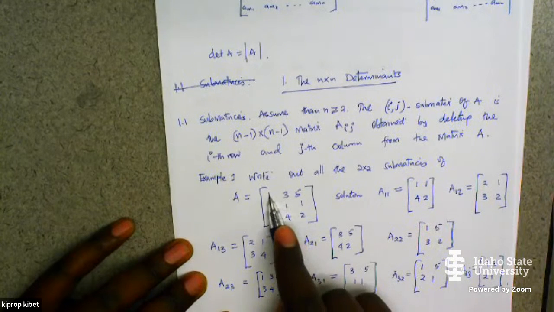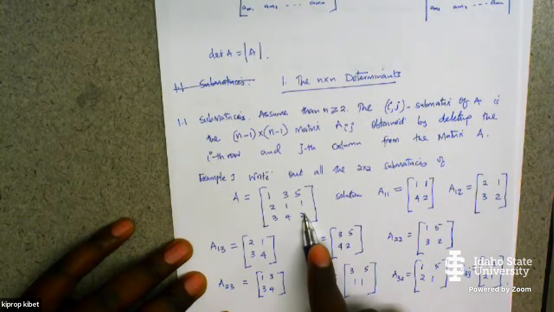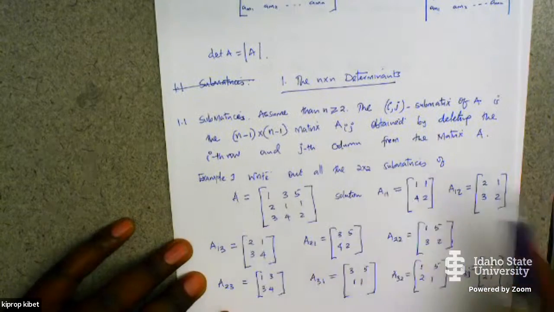So you take this entry and the determinant of the submatrix, plus or minus.